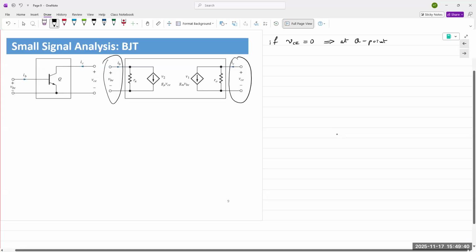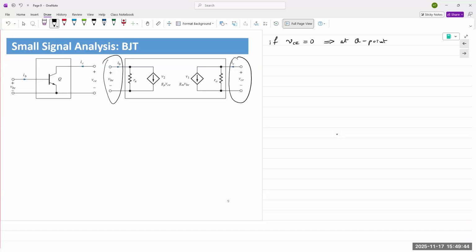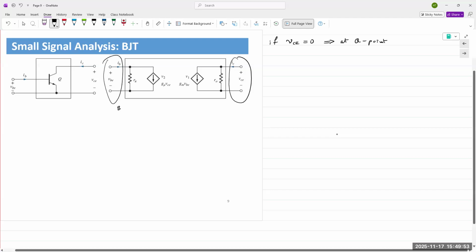Diode, of course, is just one junction, 2-terminal device. BJT, 2 junctions, 3-terminal device. So we have an input side and the output side. This represents the base emitter input side.